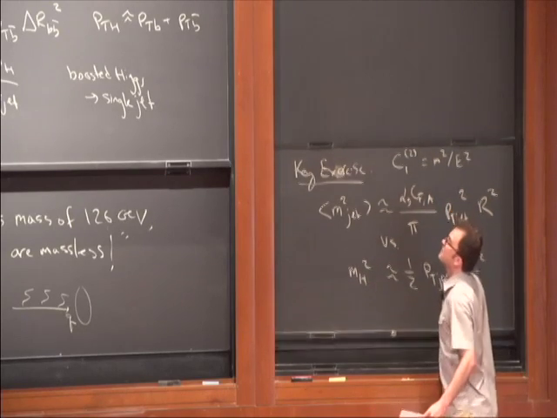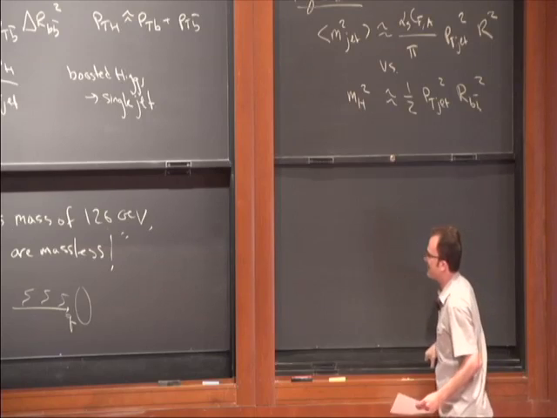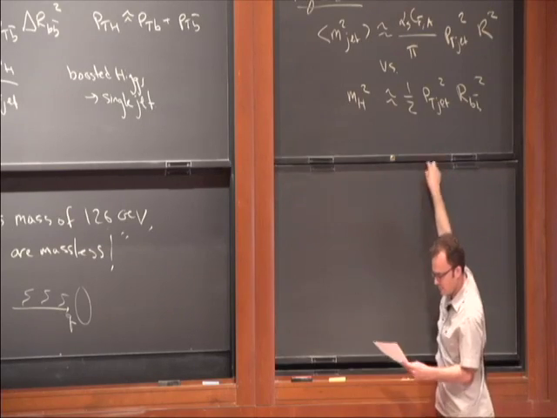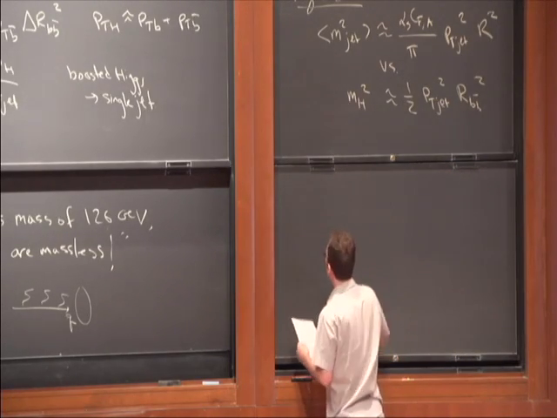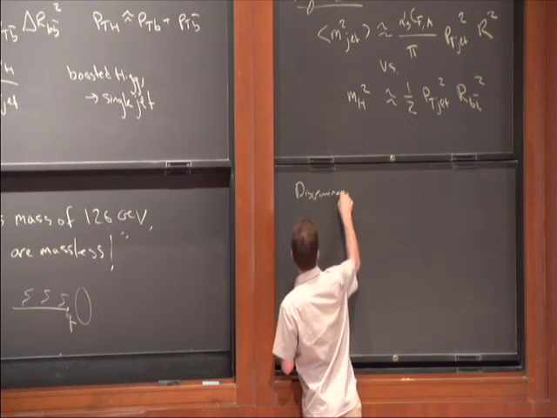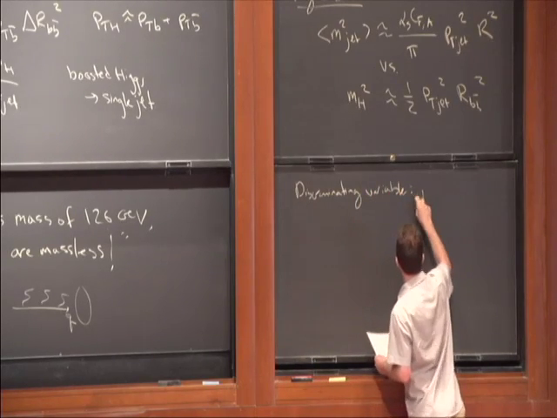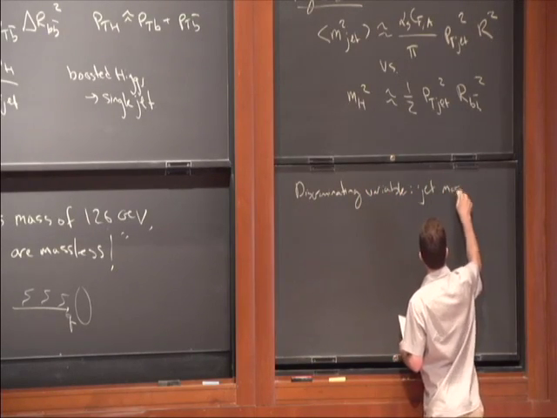So first, let's just emphasize that what I did was an expectation value of the mass of the jet. But there is a discrimination variable which is jet mass in the following sense.